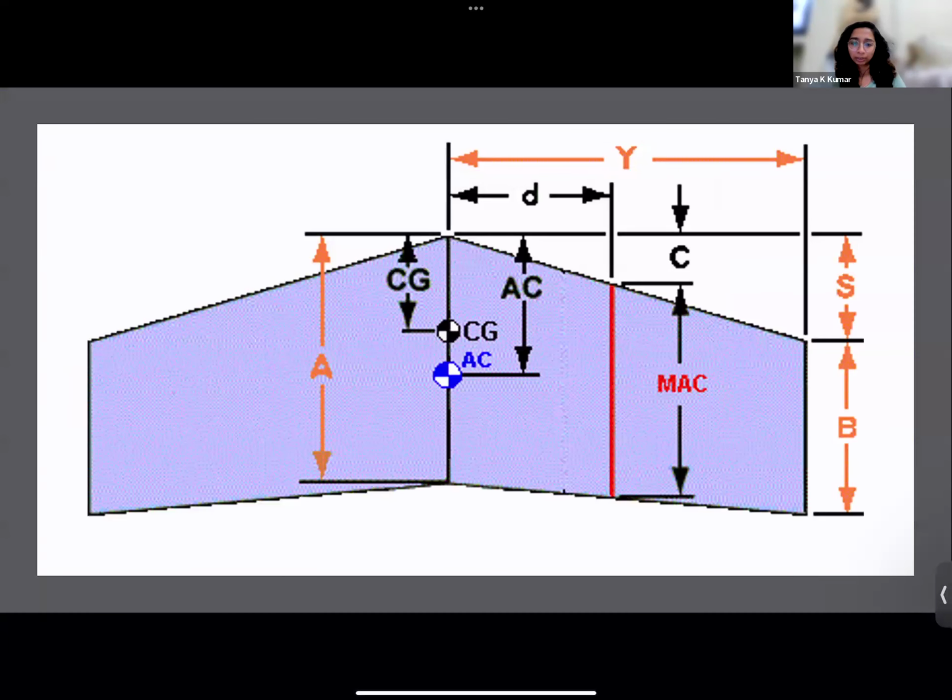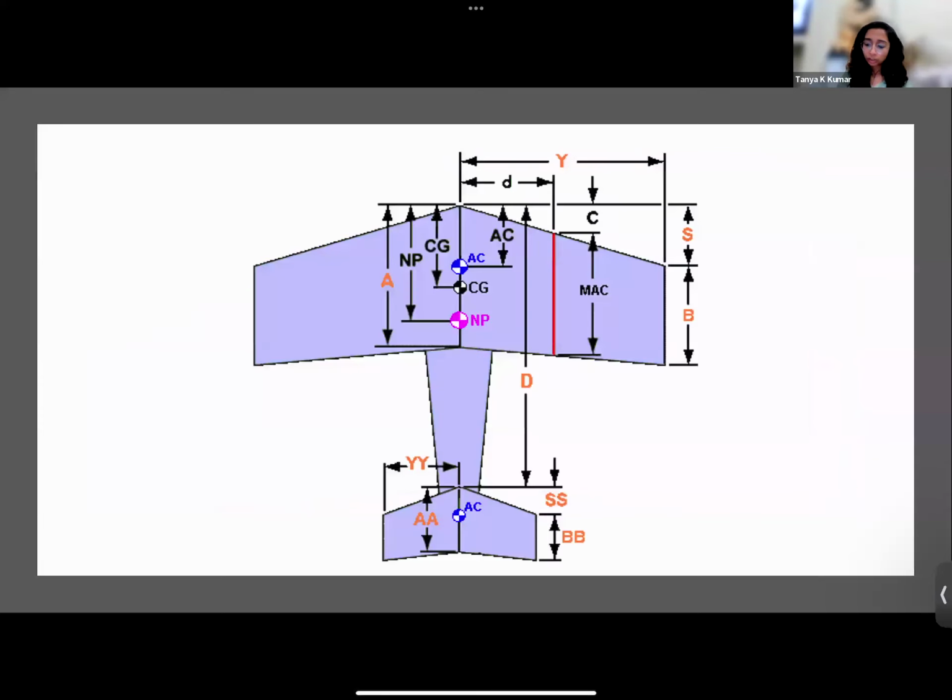So this is something we saw last class. For a wing alone configuration, you only have the AC, and for it to be stable, your CG has to be ahead of your AC. So this is a stable wing alone configuration. Now, when I add other aerodynamic surfaces, so now I've added a tail, the effective aerodynamic center, or the neutral point, is pulled.